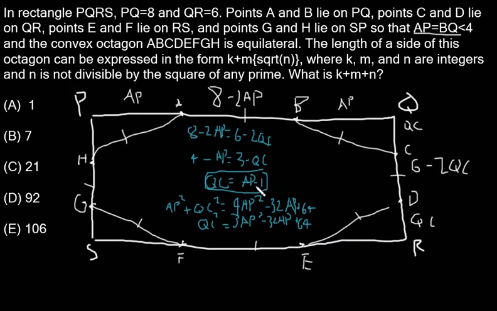QC squared is AP minus 1 squared, and that is equal to AP squared minus 2AP plus 1, which is equal to 3.